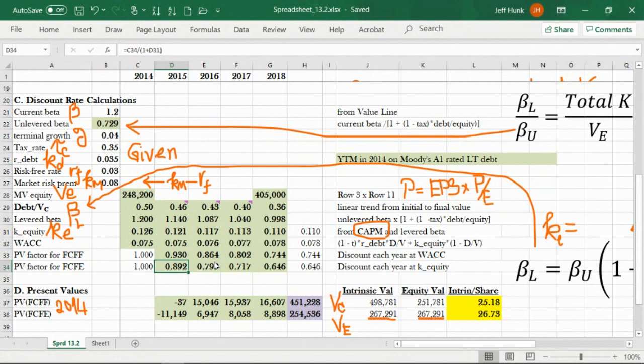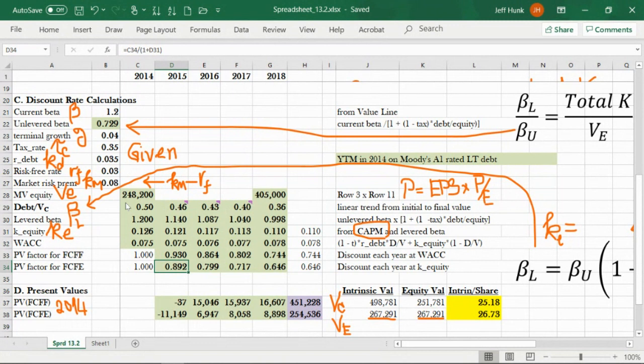Unlevered beta means when we have only equity. So in other words, unlevered beta will be used for calculation of cost of equity, and levered beta will be used for calculation of weighted average cost of capital.